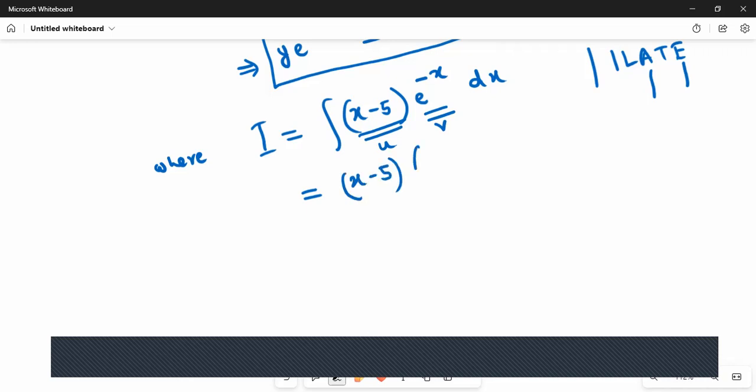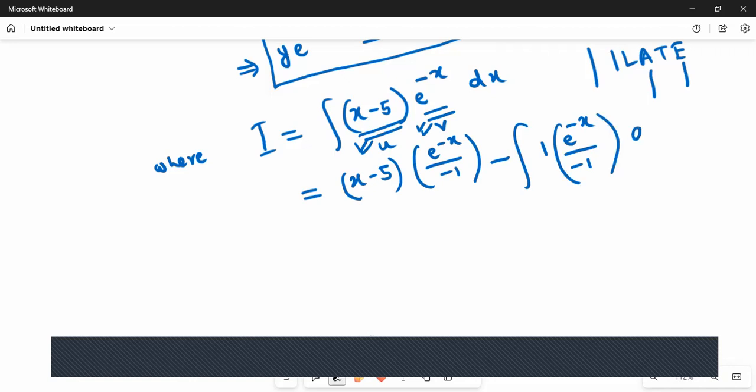Integration of this directly I will write e power minus x by minus 1, minus integration of differentiation of the first, that is differentiation of x minus 5 will be 1, and integration of the second, that is e power minus x by minus 1 dx. So it looks like x minus 5 e power minus x, this minus minus becomes plus, so e power minus x dx.